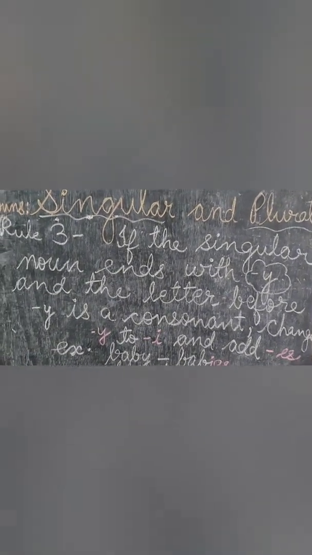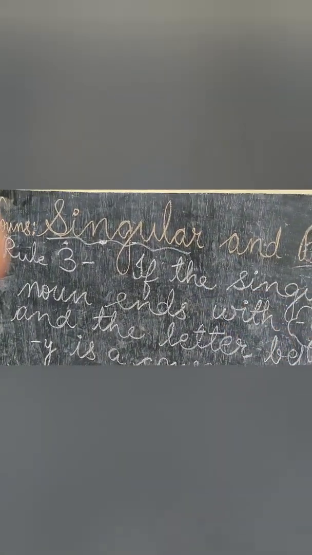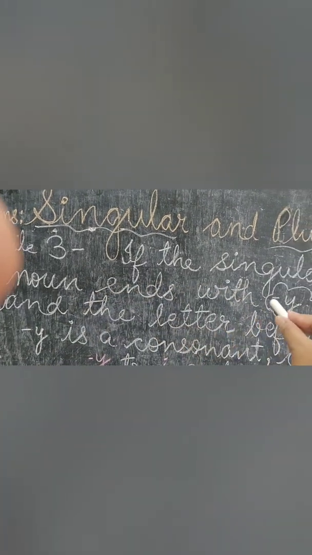Yes, students, the next rule says, if the singular noun ends with y, and the letter before y is a consonant. Now you all know, except for A, E, I, O, U, which are vowels, all other letters are consonants.